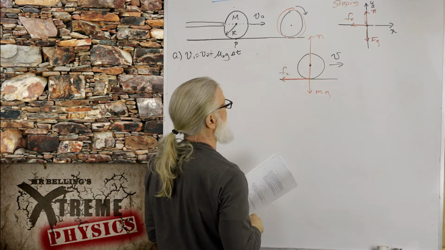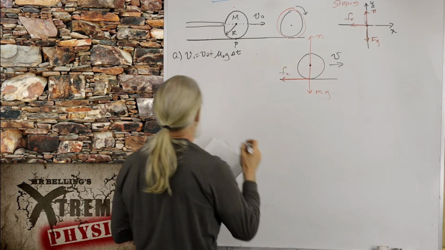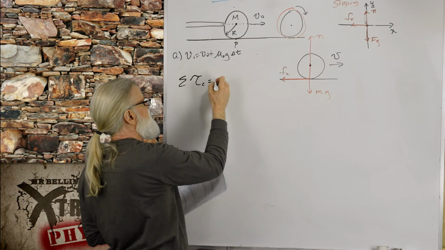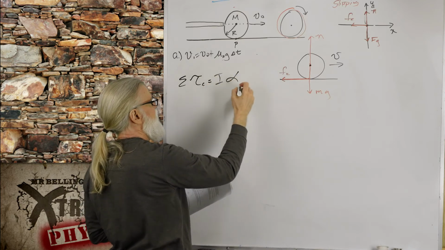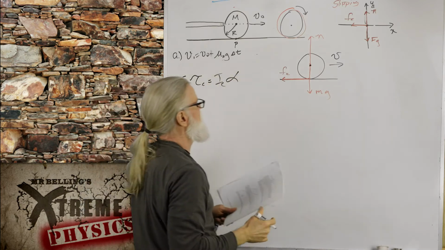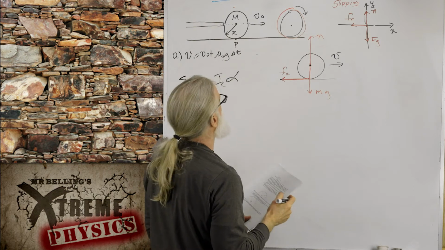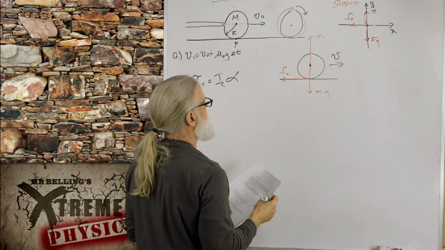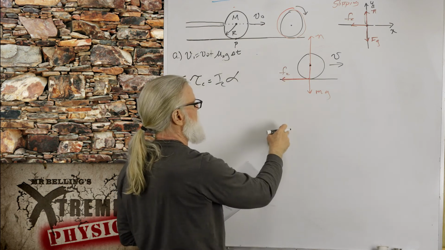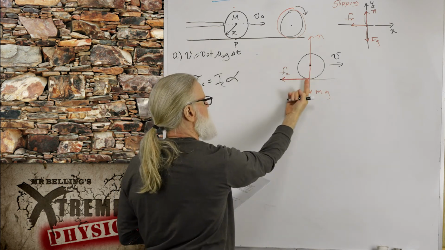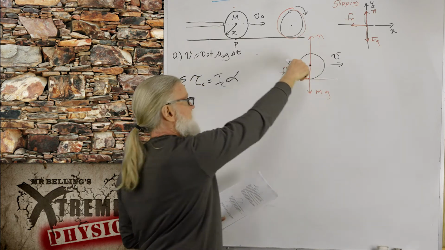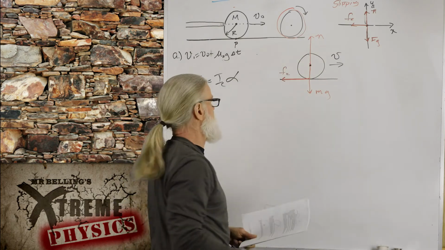Let's see what we got. Let's find the angular acceleration. We got the sum of the torques about the center equals I alpha, about the center. And they gave us the moment of inertia somewhere. About the center, the normal force goes through the center, so no torque there. Weight through the center, no torque there.